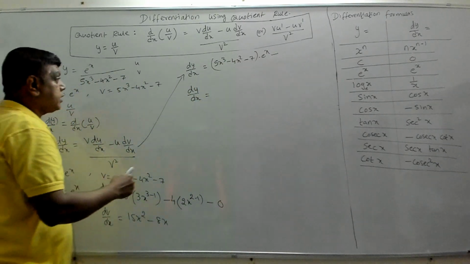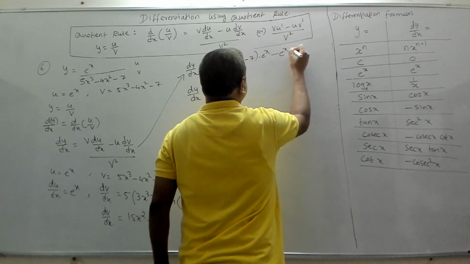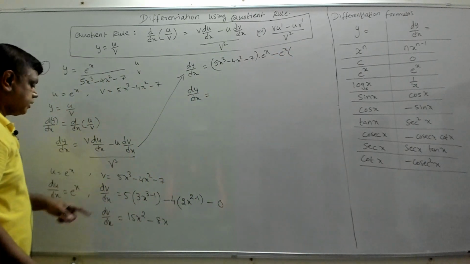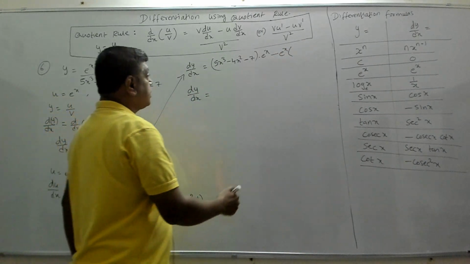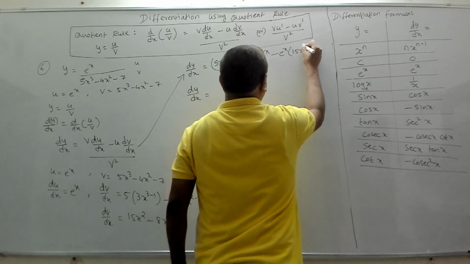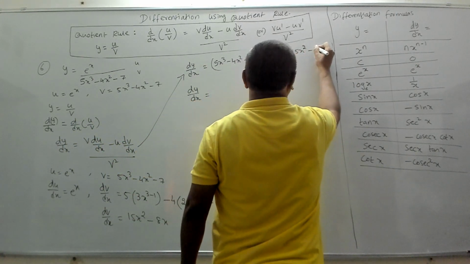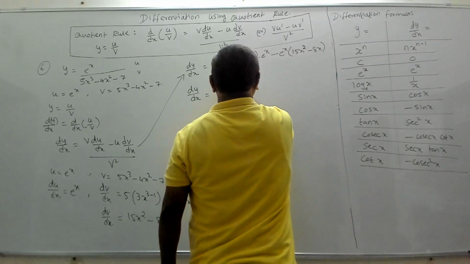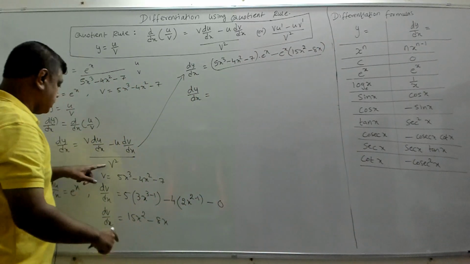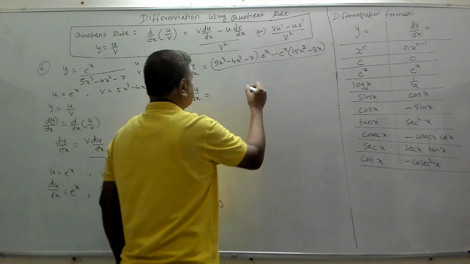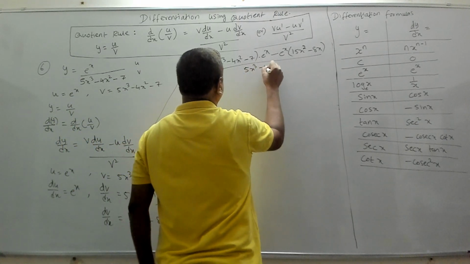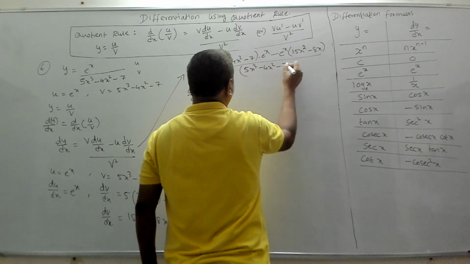U is also e power x, e power x into dv by dx. dv by dx is 15x square minus 8x, by v square. V is 5x cube minus 4x square minus 7, the whole square.